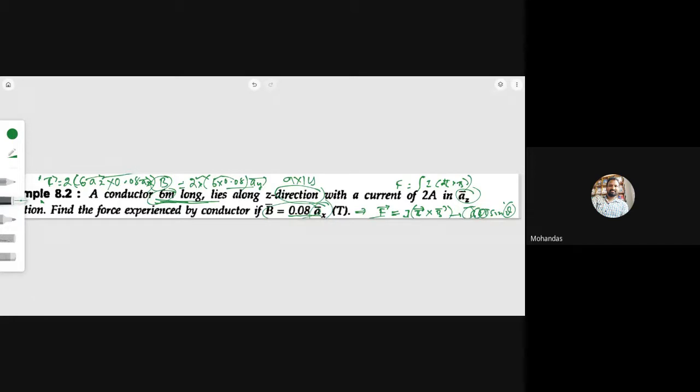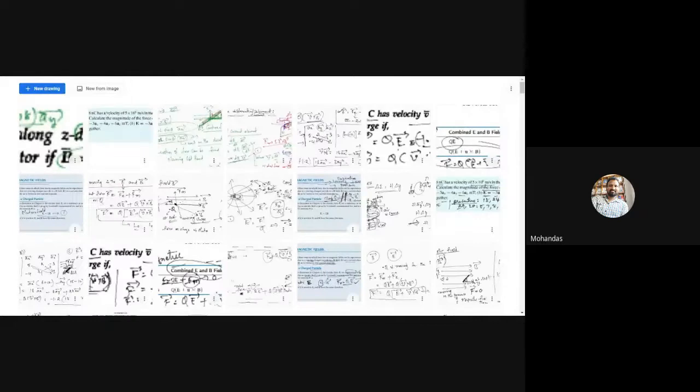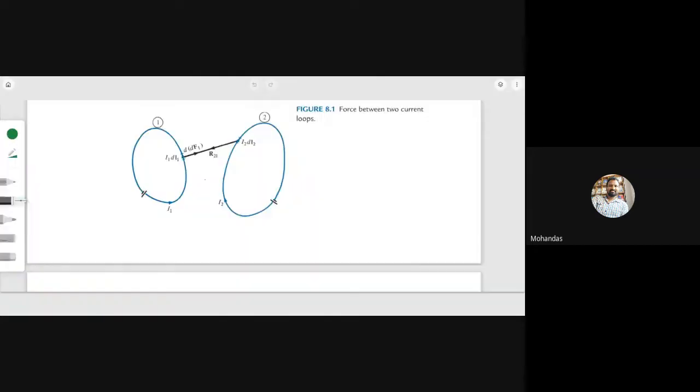Okay, next, third force. Force between two current loops.